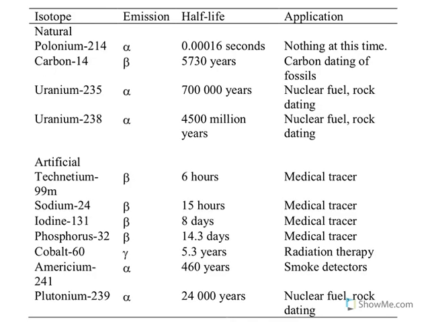Now, here's a table of isotopes, and the table's in your notes. There's a whole bunch of different isotopes, some natural ones up the top, some artificial ones down there. We've got what the isotope is, in the next column what sort of decay, alpha, beta or gamma, and in the third column its half-life.